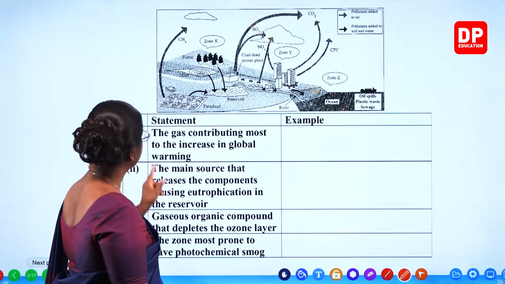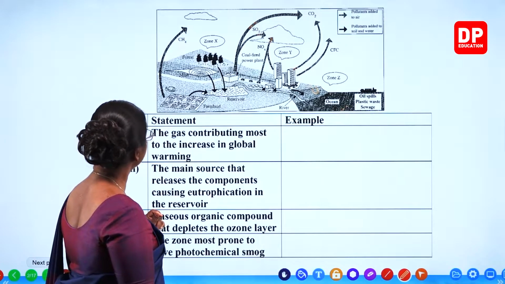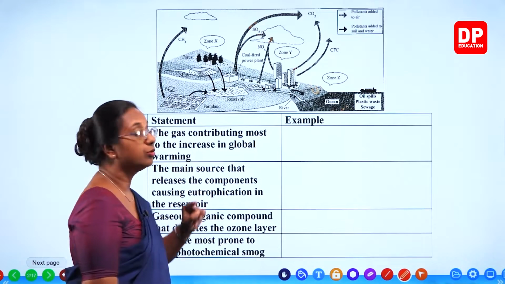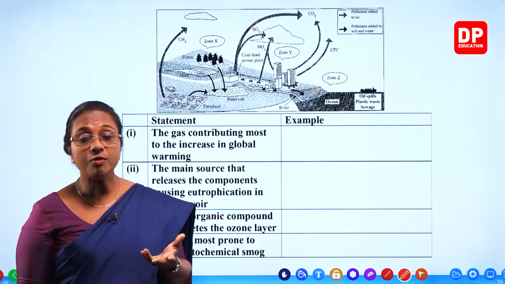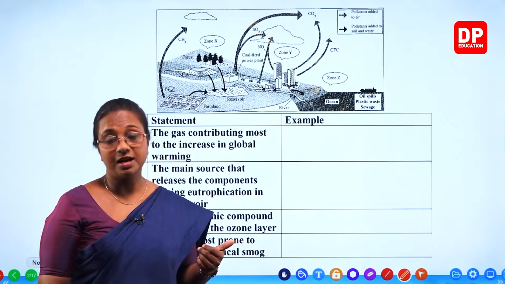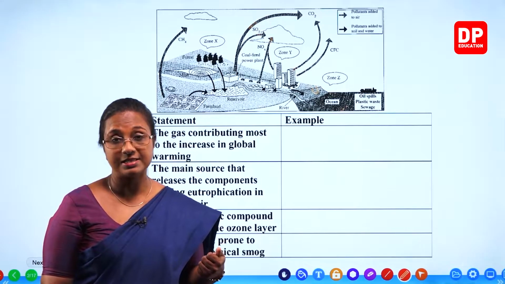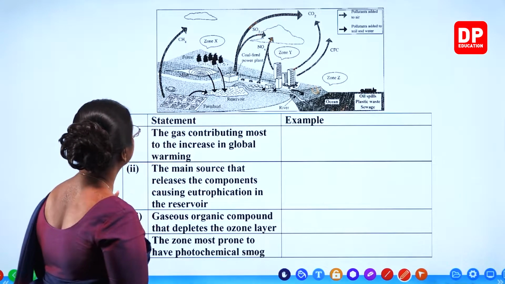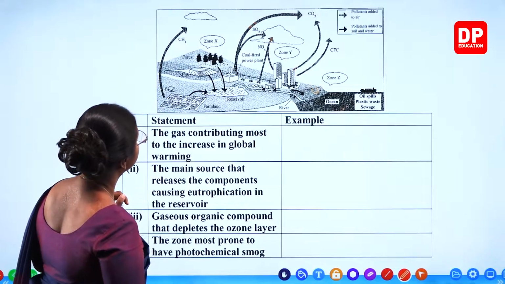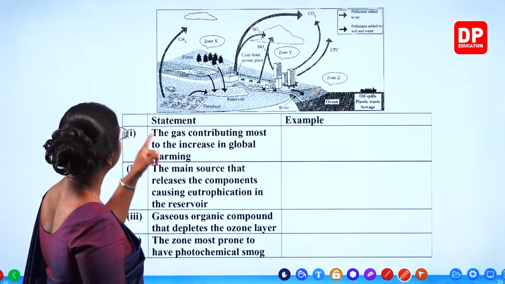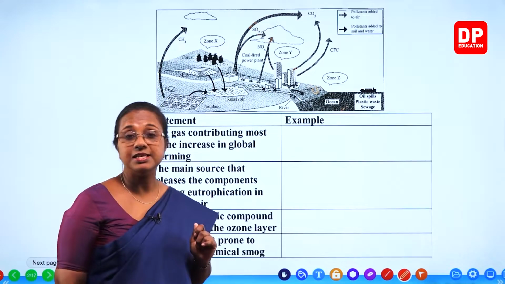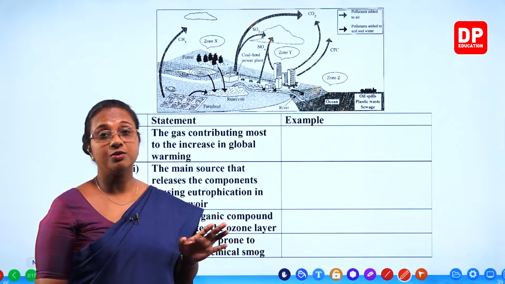So the first one, the gas contributing most to the increase in global warming. Global warming is the effect of greenhouse effect. So greenhouse effect is caused by greenhouse gases. Now in this diagram, there are two greenhouse gases shown, carbon dioxide, and methane, CH4, that is also a greenhouse gas.